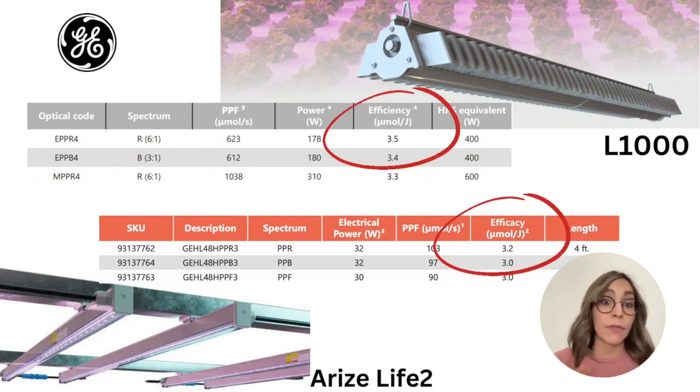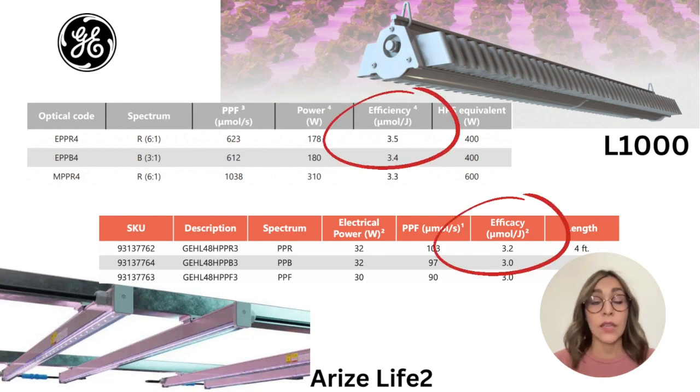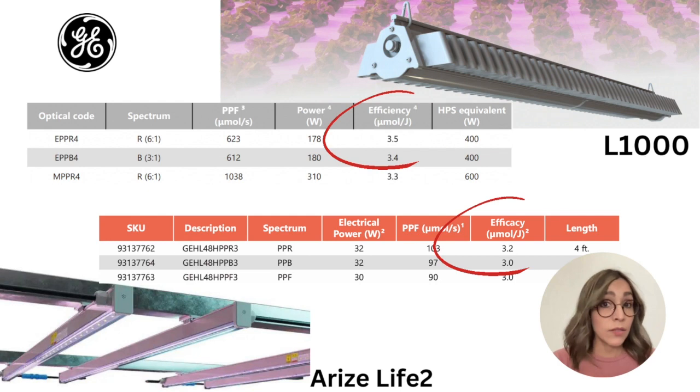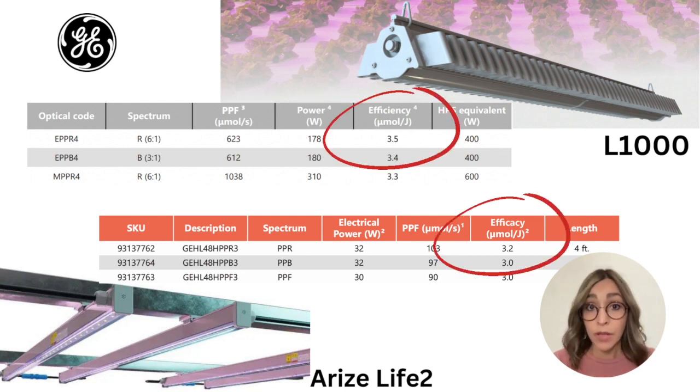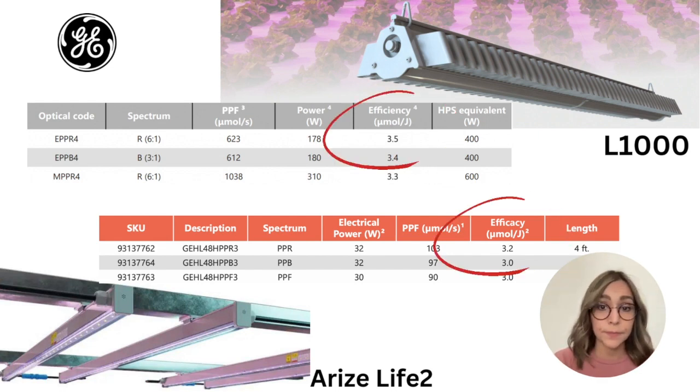So here we have two different light fixtures from a specific brand, in this case General Electric, and you can see that the efficacy is really, really good. So again, not a lot of brands will have this high efficacy, and this will make the difference on your expenses in a vertical farming system or in any kind of system using artificial lighting.